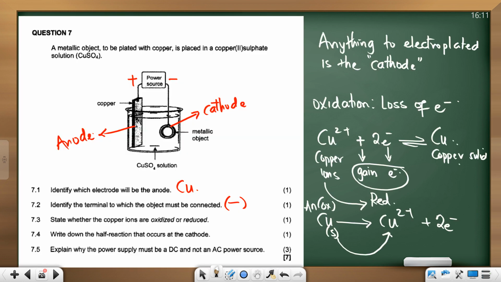Let's see. Okay. Write down the half reaction that occurs at the cathode. We've done that already, right? Explain why the power supply must be a DC. I did explain that.